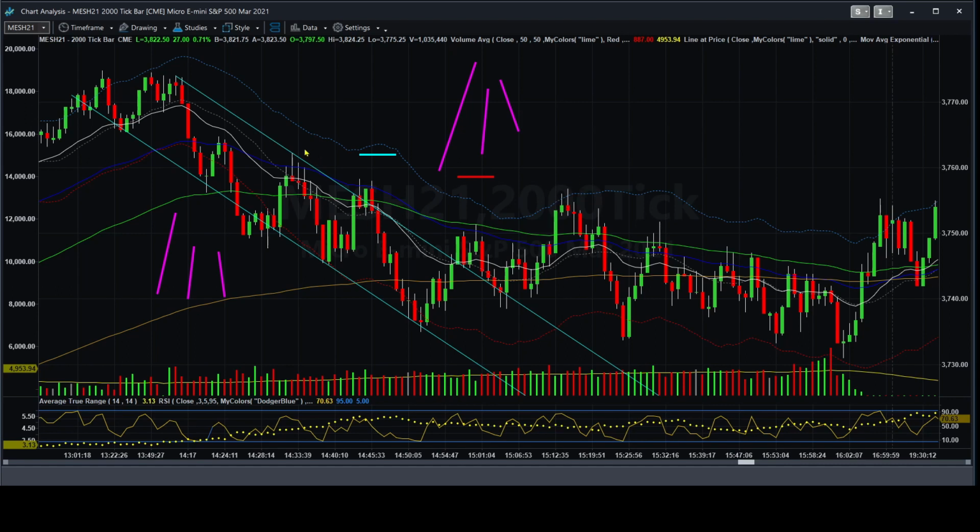If you use the Kellner channel or the Bollinger Bands, you'll notice that every time price hits and closes outside or touches, there's a rejection.